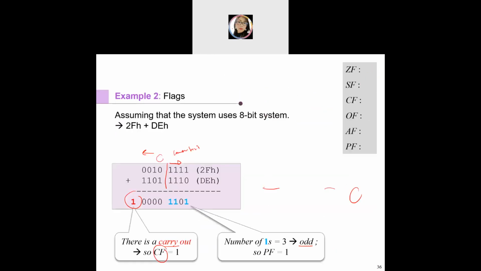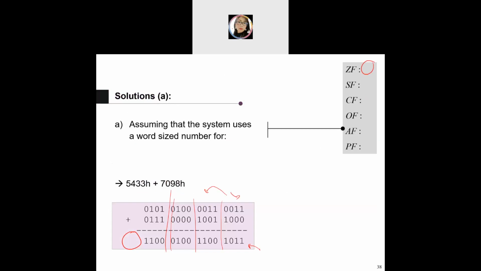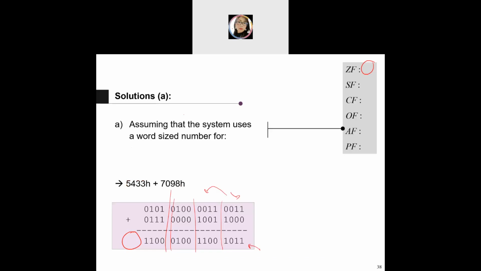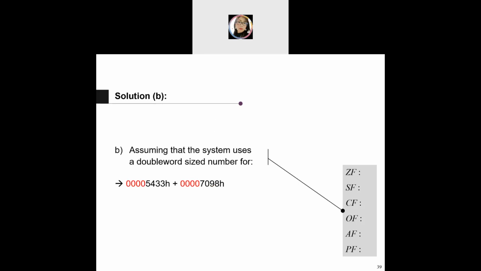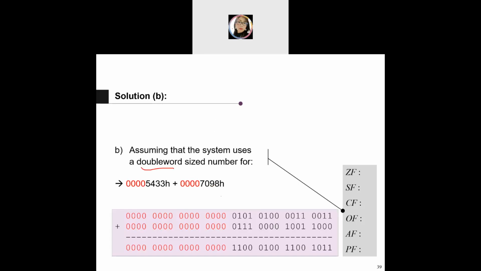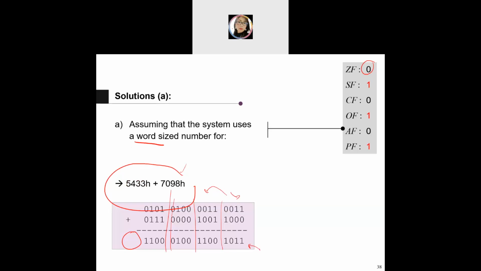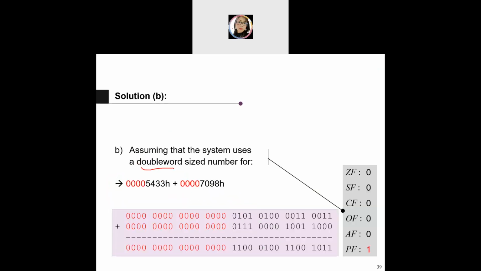So there are several examples. Solution A, solution B for another example. So it is word size, and another one is double word. If double word, what is the difference? Similar question, only the size is different. Can you get a similar flag with the double word?